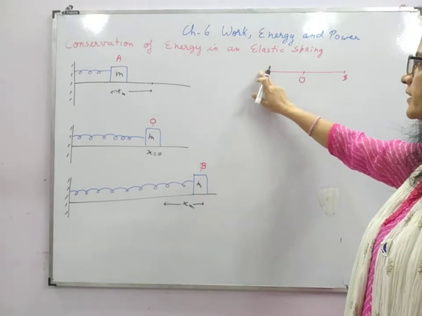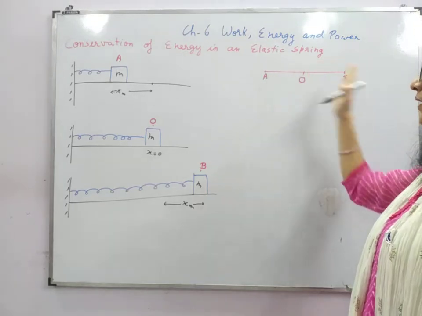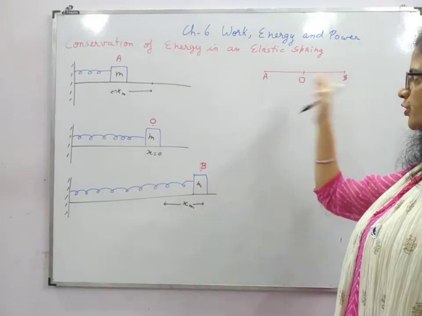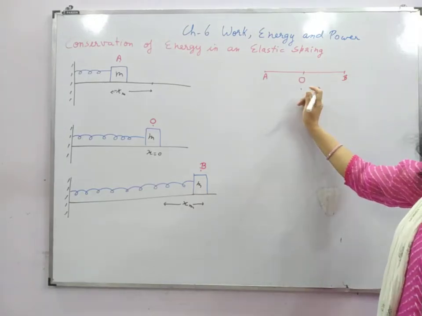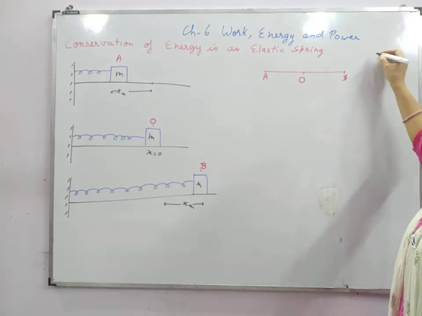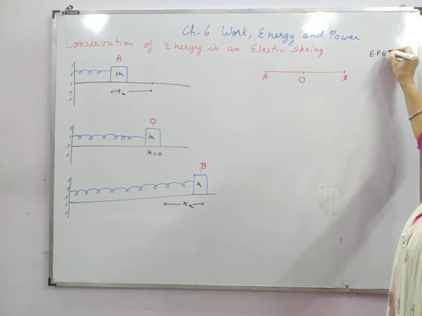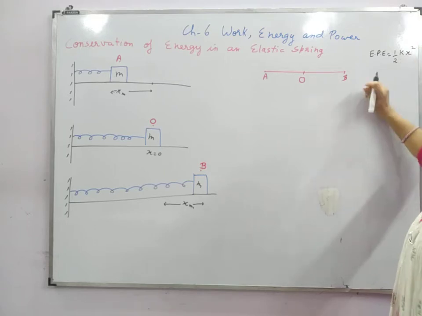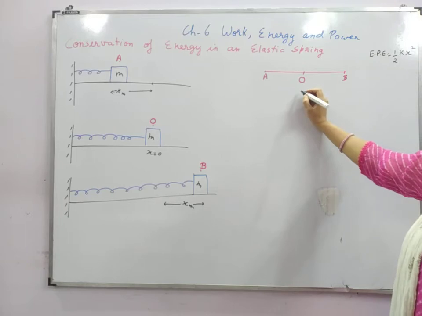So if we look at this position, when this spring is doing this to and fro motion, at the mean position the displacement is 0. So how much will be the potential energy? We know the formula for elastic potential energy is half k x square.